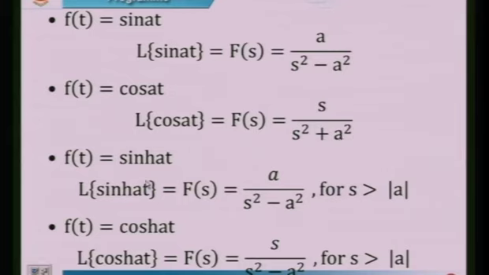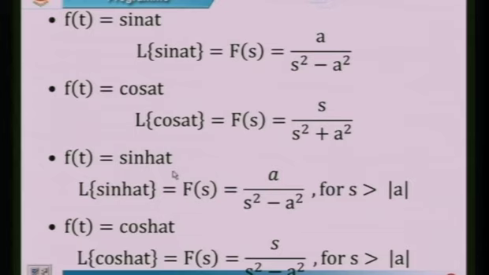And for the sine hyperbolic function, the only thing you are going to replace is sine hyperbolic at. You must have studied in complex numbers the hyperbolic function expansion in terms of exponentials; sine hyperbolic at you are taking in complex numbers as e to the power at minus e to the power minus at, divided by 2.